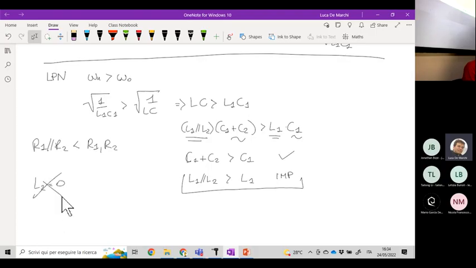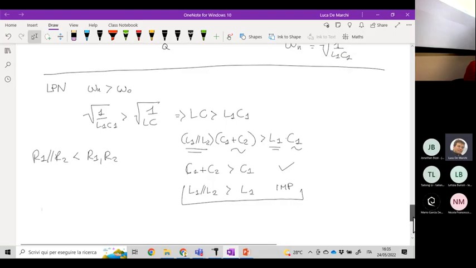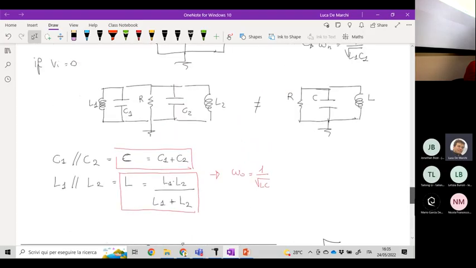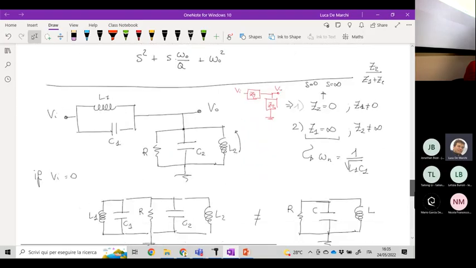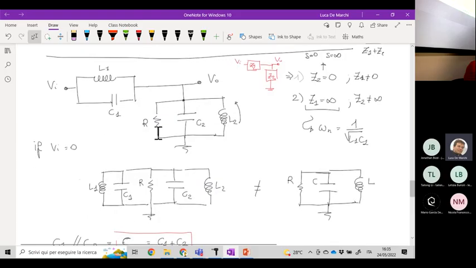Rather than zeroing, let's say that we extract L2 from the circuit. In this case, we don't need to compute the parallel, but we have just L1.